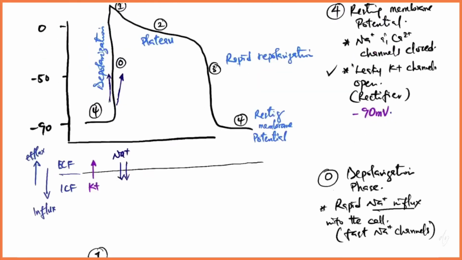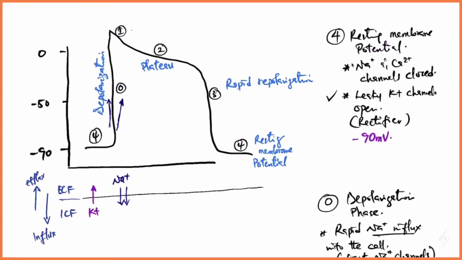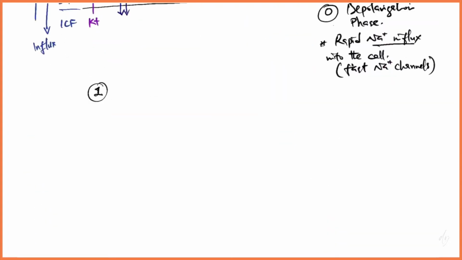Repolarization, downward strokes, is always a result of the activity of potassium. So phase 1 is a result of transient opening of potassium channels.